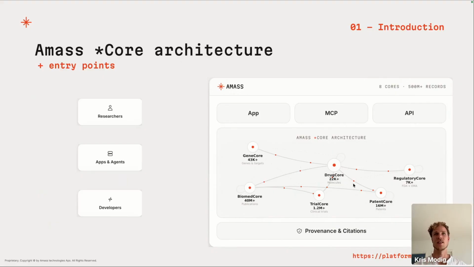So basically these three use cases, these three entry points can then be used by many different kinds of people across organizations in life sciences. And as I mentioned, today we're going to be focusing on the MCP. So that is Claude in this case, but we also have an app in ChatGPT. So that's also something that you could potentially use.